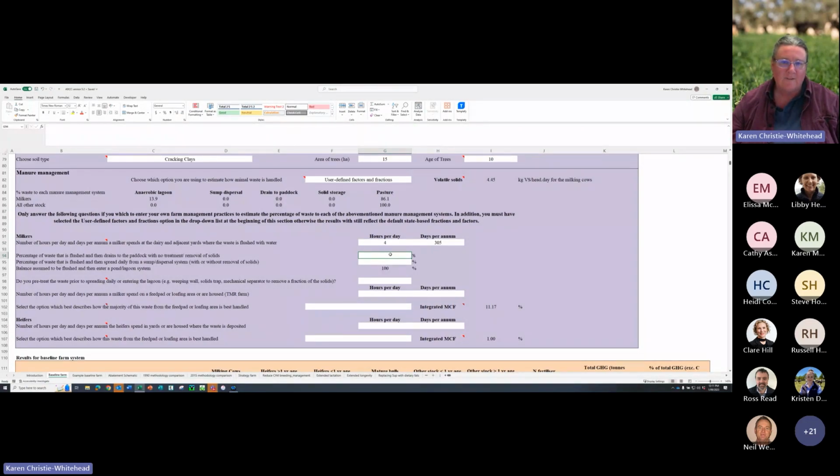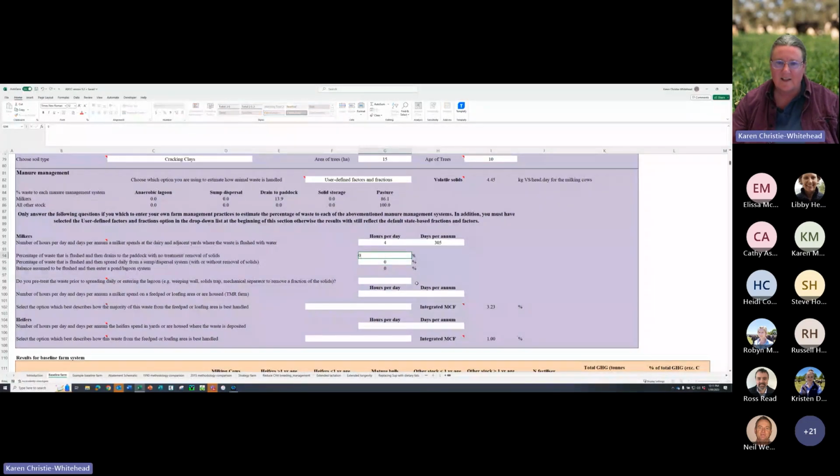So if all the waste is going to the lagoon, it would be 0 and 0, and the balance is going to the lagoon. If, for example, everything was flushed and drains to that one paddock day on day, and that was 100%, well, that means nothing is actually going to the lagoon. It's all draining to the paddock.